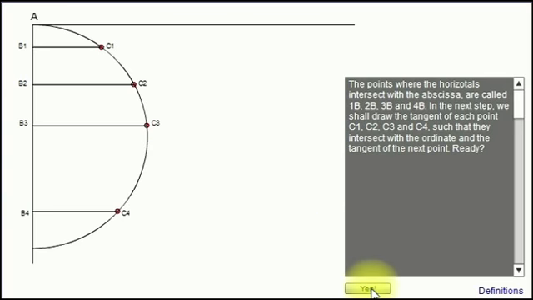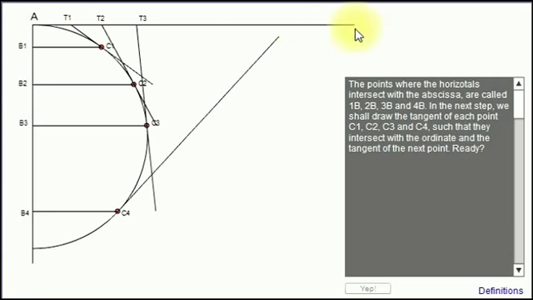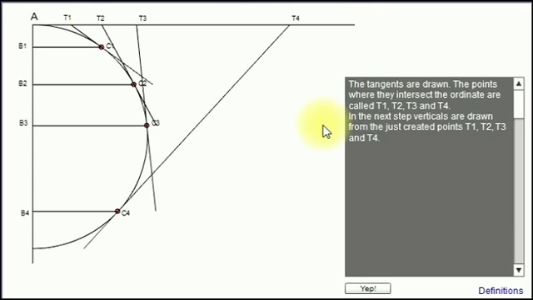In the next step, the tetragonism has us draw out the tangents, and the tangents are drawn out in a way that they somewhere intersect the conjugate axis. So this is the axis, and this is the conjugate axis. Good to keep this in mind for later constructions as well. As I said, the tangents intersect the conjugate axis, and these intersection points we call T1, T2, T3 and T4.